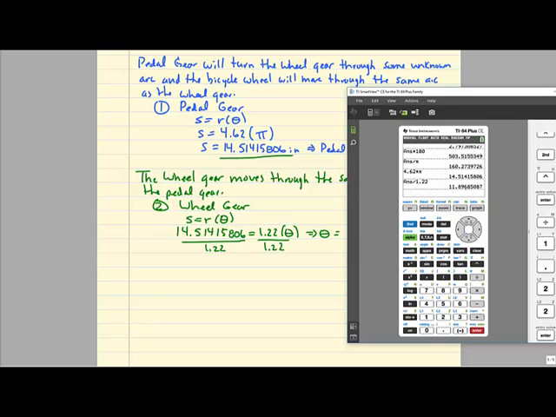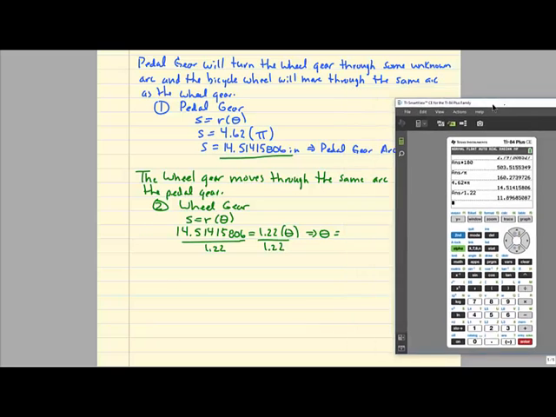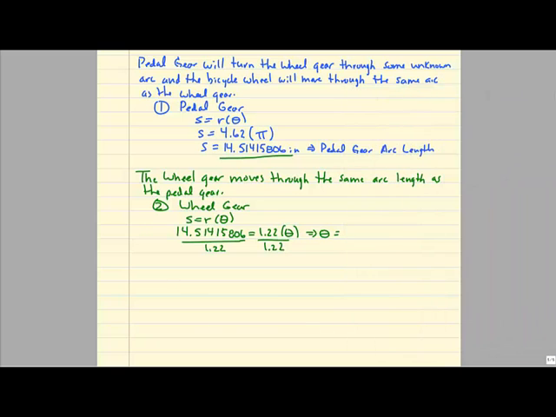So this 11.89685087, that's my value for theta. That's how much rotation of that central angle. Okay, so that's the next piece of information I've learned.